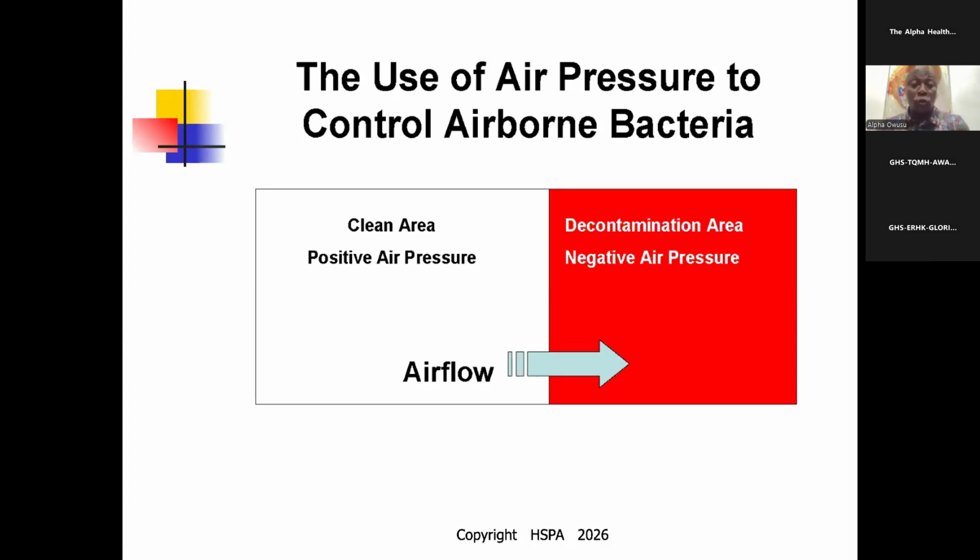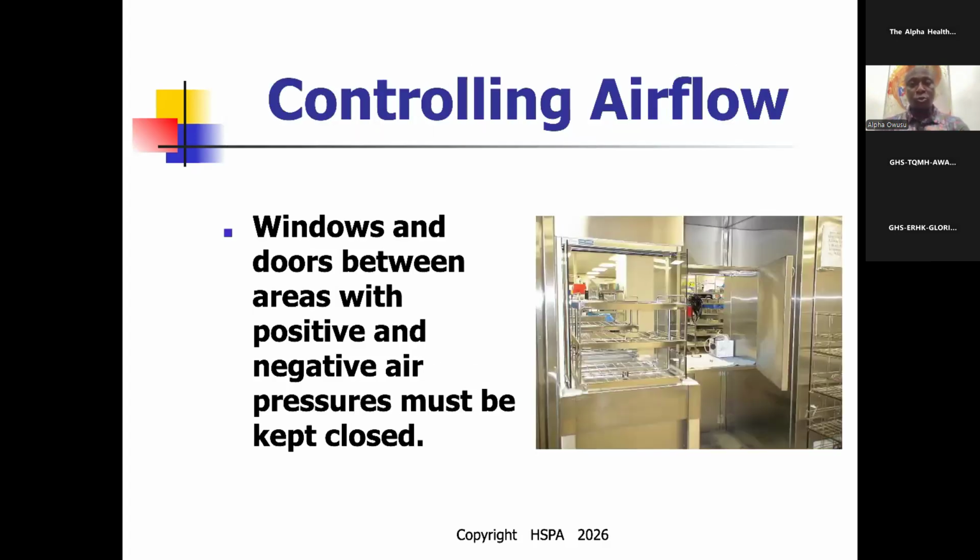Because if we don't control that, we will be spreading infection. Don't forget, there are bacteria that grow very well under cold temperature, thermal temperature, and mesophilic temperature. And so controlling air, the windows from decon to prep and pack should be kept closed at all times.